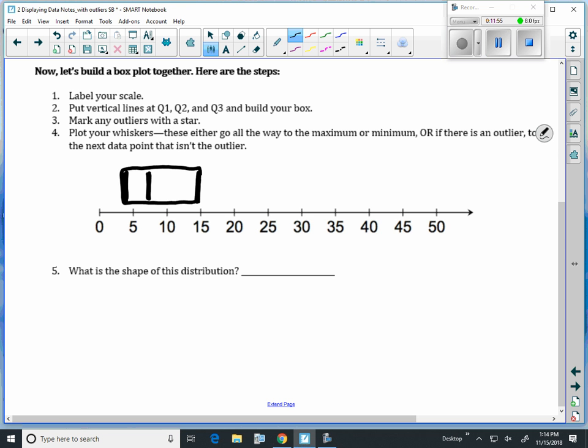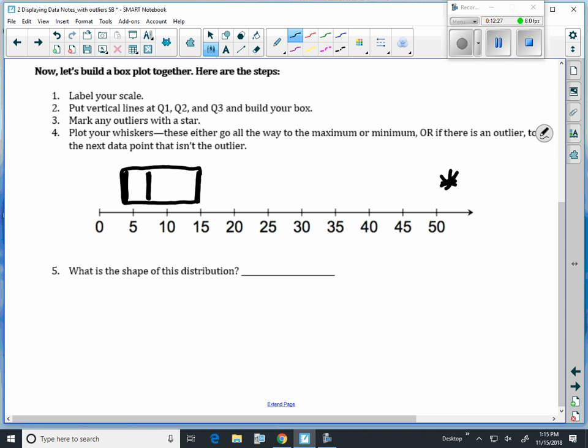And then you have to make it straight. Okay, so now you have Q1, Q2, Q3. Your next step is to mark any outliers with a star. What was our outlier? 52. So you're going to put a star where 52 would be. Now you have to make your whiskers.